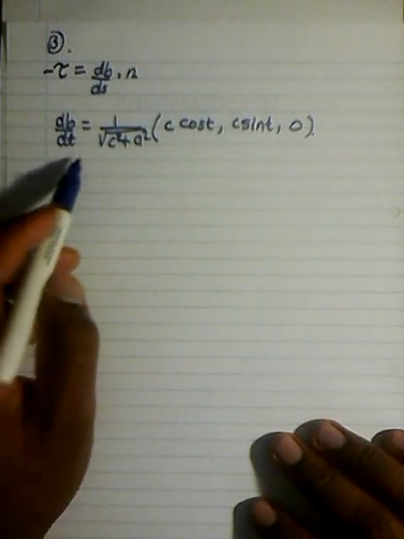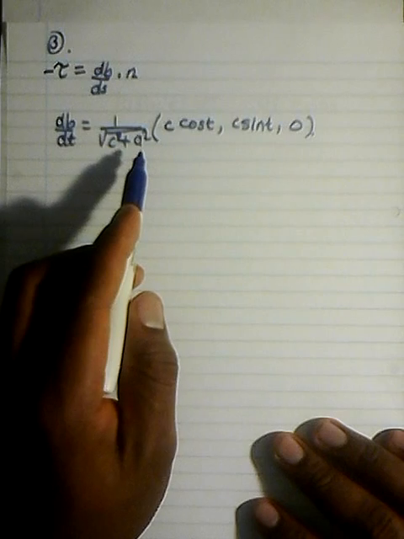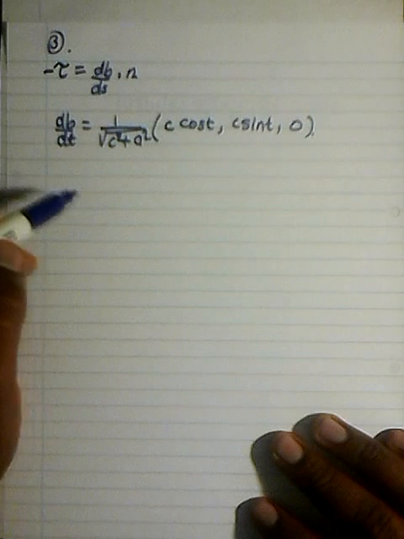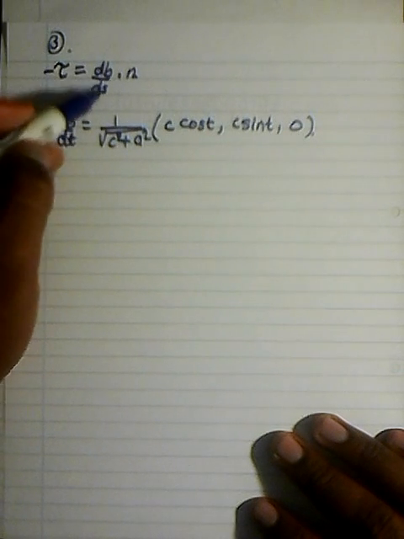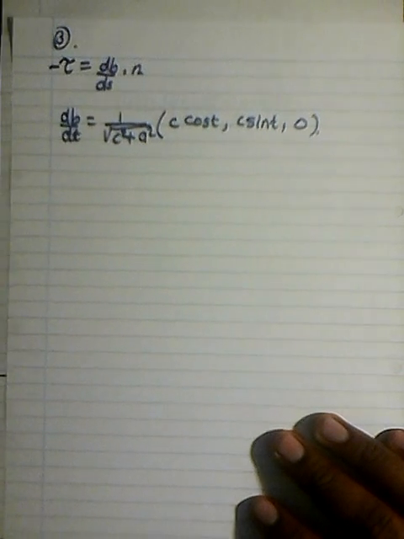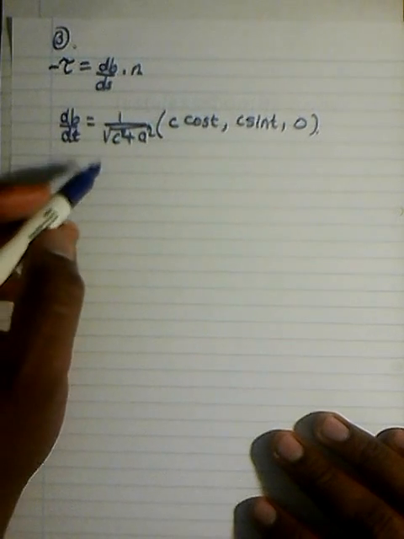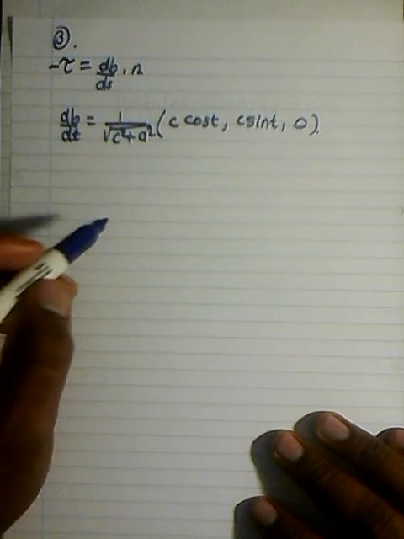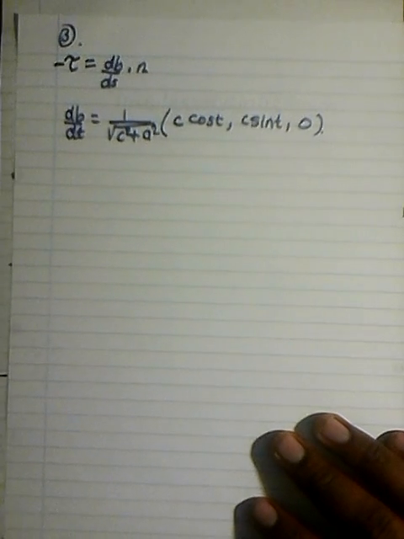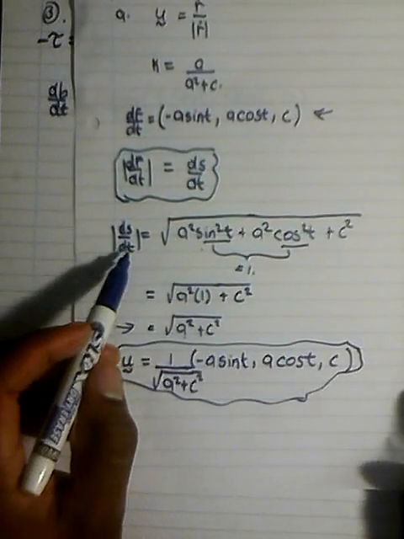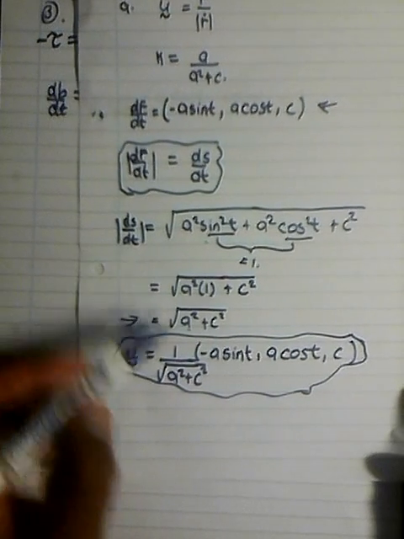Now to determine dB ds, we have to multiply dB dt by the inverse of ds dt. So I'm going to multiply dB dt by the inverse of this.